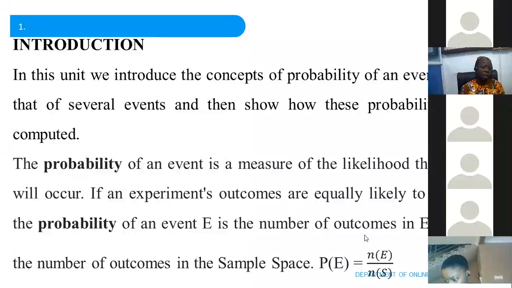If you perform an experiment, let's say 10 times, the number of events for you achieving a particular result is the number of E. And the number of times you've performed that experiment is the sample space. Please complete that. Copy that, then we can continue.